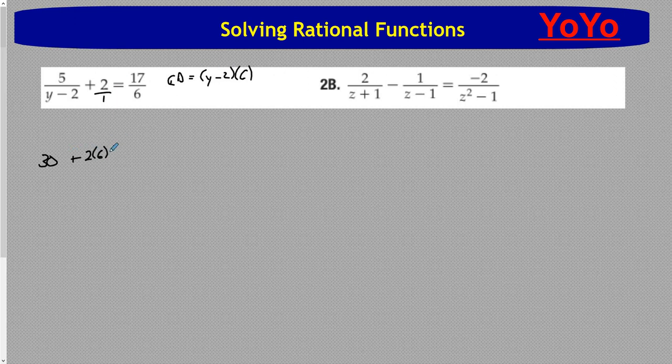So 2 times 6 times y minus 2 equals, the 6's will cancel, and I'll have 17 times y minus 2. So over here, 30 plus 12y minus 24 equals 17y minus 34. 30 minus 24 is 6.